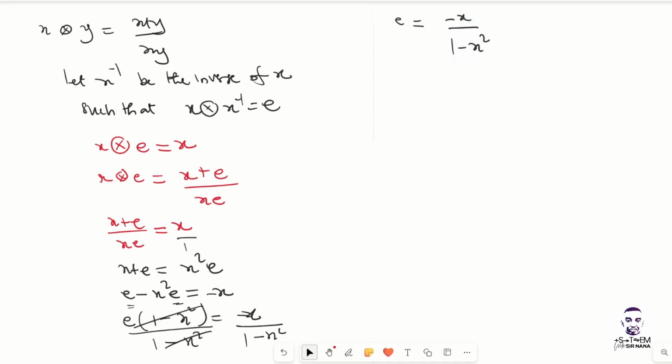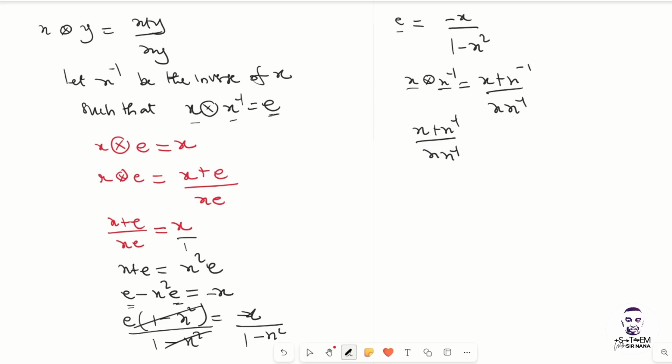So now we can find our x operation x inverse, right? And we know that that will be equal to x plus x inverse all over x x inverse. So we can equate x plus x inverse all over x x inverse, which is x operation x inverse, to the identity element.